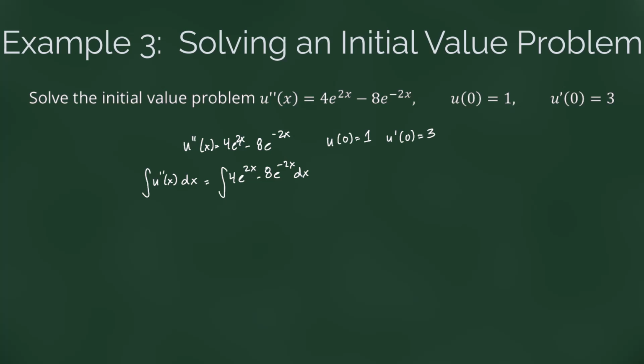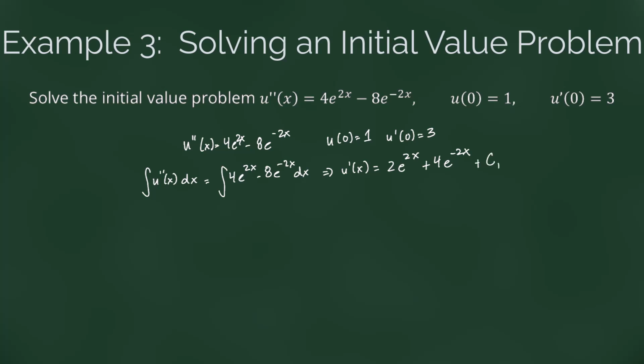The left-hand side of that is going to be u prime of x, and that is going to be equal to, taking the antiderivative of 4e to the 2x, we get 2e to the 2x, and then the antiderivative of negative 8e to the negative 2x is going to be positive 4e to the negative 2x. And then we have to remember that we need a constant.